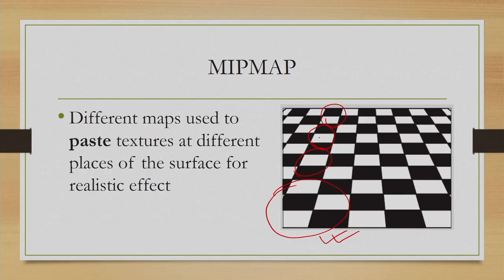So in the MIP map technique we store these different sizes of the same pattern and simply paste them at appropriate regions of the image, rather than creating a more complicated pattern. So that is the idea of MIP map, and we do that in generating realistic texture effects.